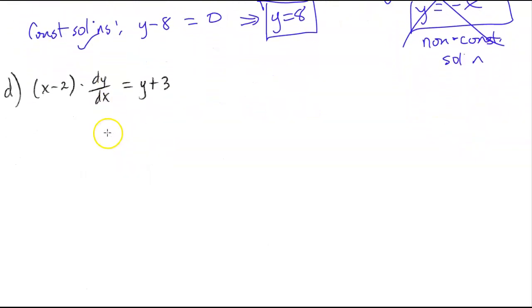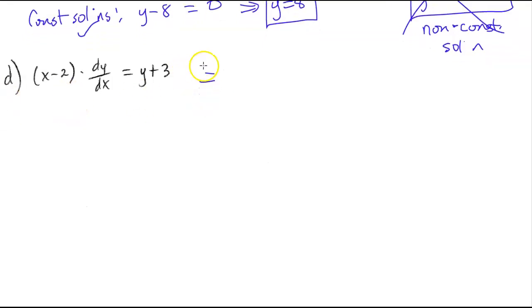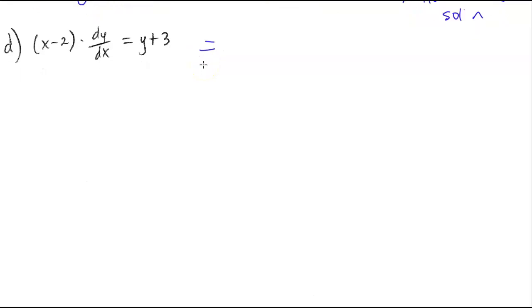All right, so for our last example here, we want to do the same thing. We want to get this to look like dy over dx is equal to some function here. So to do that, for dy over dx, we divide both sides by x minus 2.